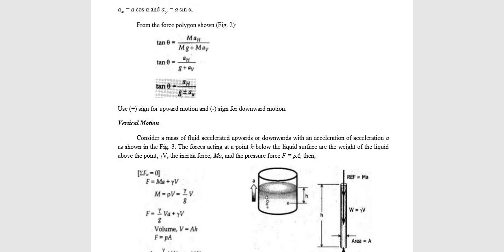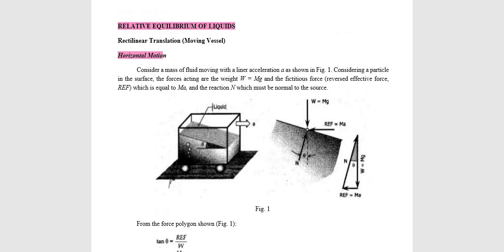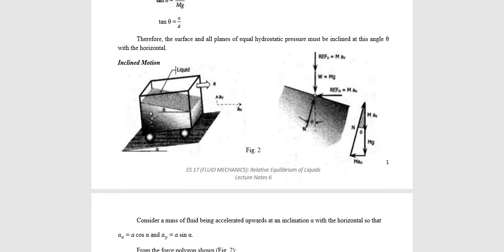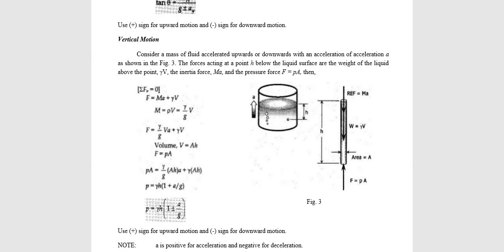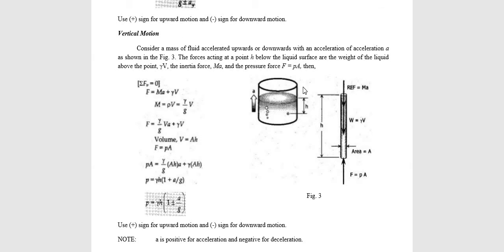So let's proceed to the vertical motion. We are done with horizontal and inclined. Now we are on the vertical motion. Consider a mass of fluid accelerated upwards or downwards with an acceleration a, as shown in figure 3. The forces acting at a point h below the surface are the weight of the liquid.